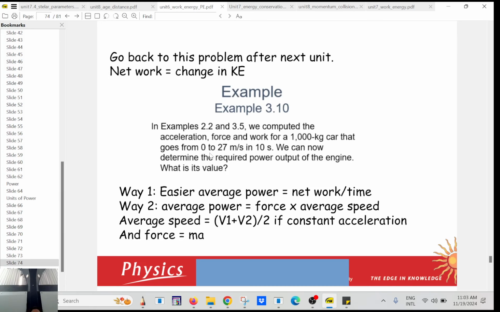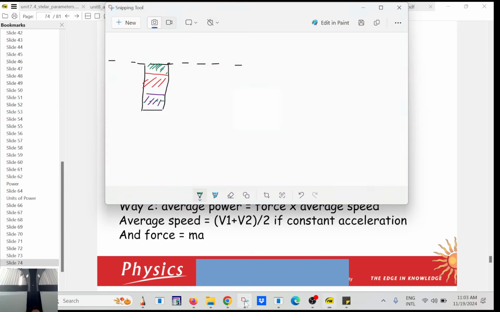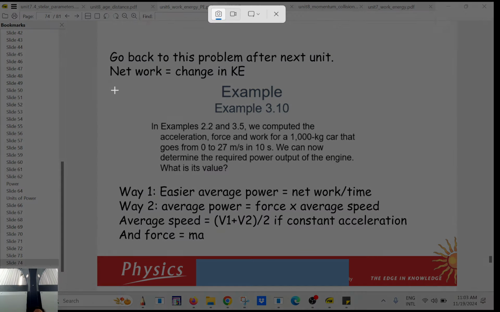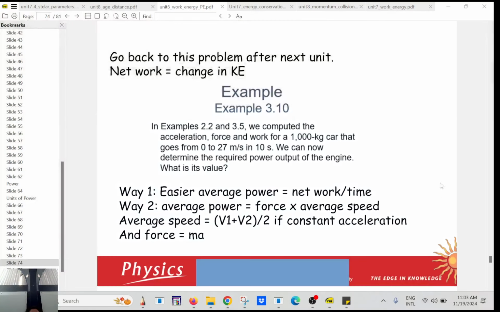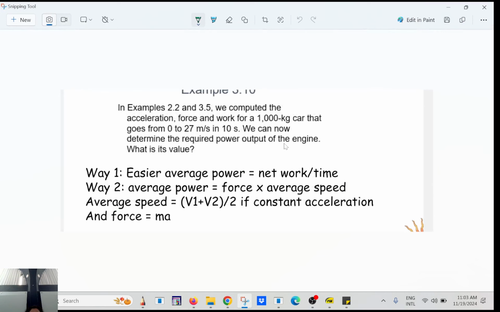So in that case, can we find the change in kinetic energy? Yes, right? So you can do it very quickly. So way number one, it's easy. The net work is by definition the change in kinetic energy. Do it, don't stare. Staring is not healthy.